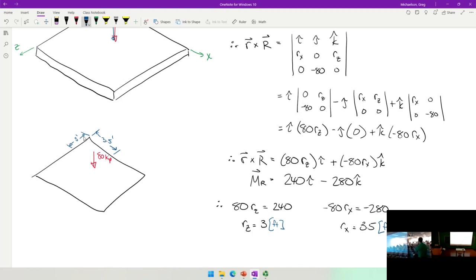Does that make sense? And what I would tell you is that if all that we are considering are these 4 forces, then the coordinates of this point, this 3.5, 0, 3, we have a name for that point. We call it the centroid. That is the centroid of that group of loads.